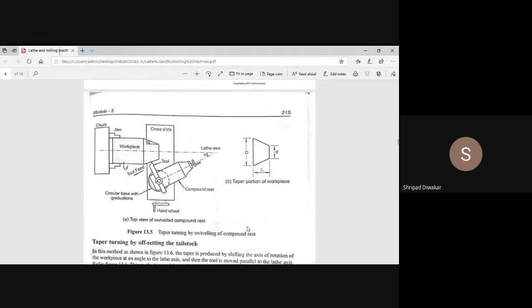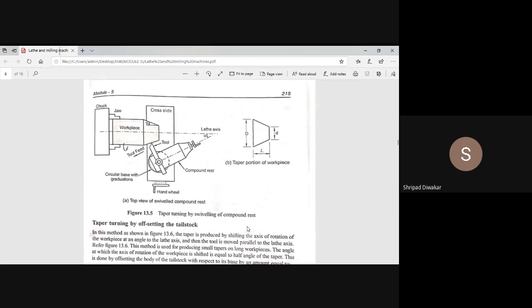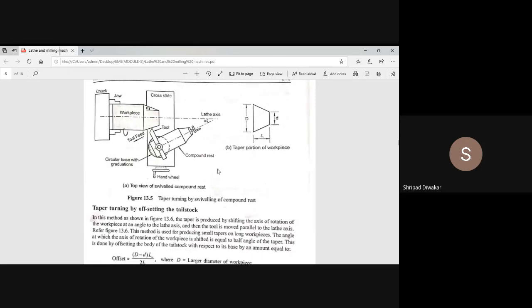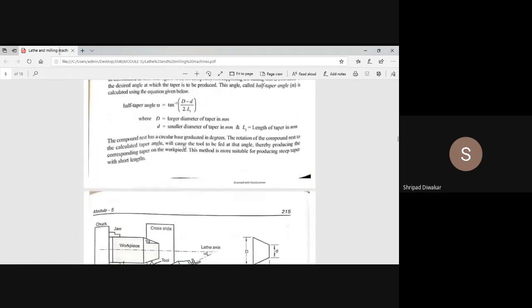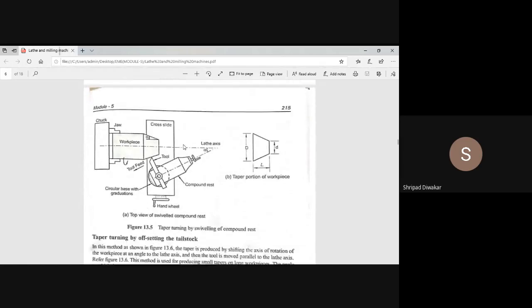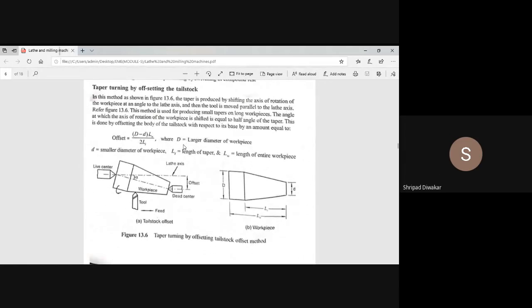So taper turning is the most important operation in the lathe machine, and we have two methods. One is swiveling the compound rest, means rotating the compound rest at a particular angle. That angle is calculated by using the formula D minus d divided by 2LT. And one more method is taper turning by offsetting the tailstock, means shifting the tailstock axis or the dead center axis from the actual lathe axis, which is called the offset.